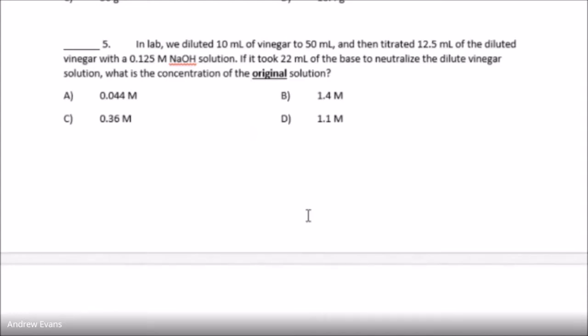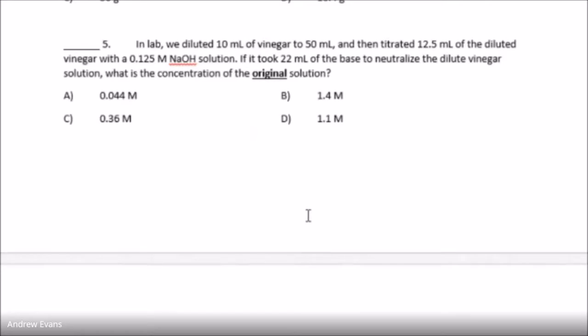So we made a dilute vinegar solution. Then we titrated 12.5 mils of that dilute vinegar solution with 0.125 molar NaOH. If it took 22 mils of the base to neutralize the dilute vinegar solution, what is the concentration of the original vinegar solution?